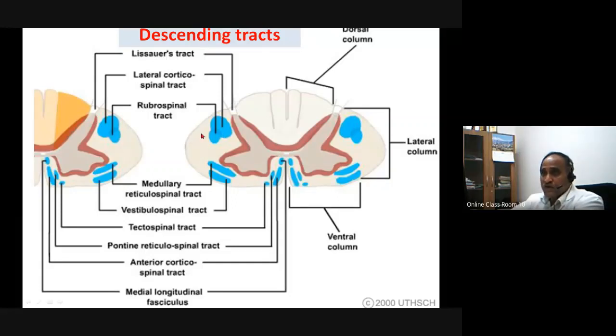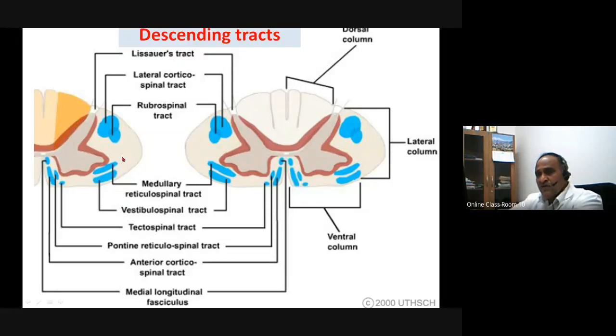You can see that it is associated with the lateral corticospinal tract. Now, if there is a lateral corticospinal tract, then there should be a ventral corticospinal tract. Ventral or anterior corticospinal tract, you can see here on this side.